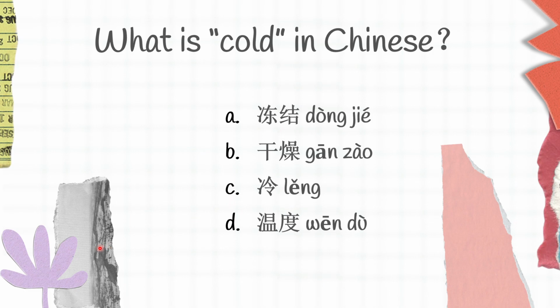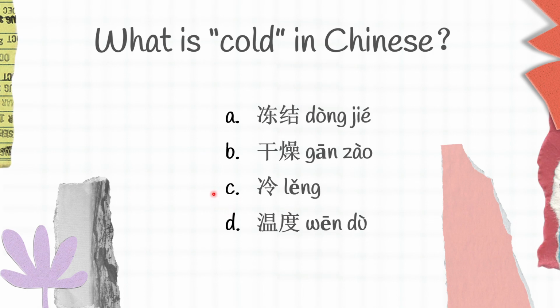So I will give you time to think. So 冻结 is freeze, 干燥 is dry, 冷 is cold, and 温度 is temperature.